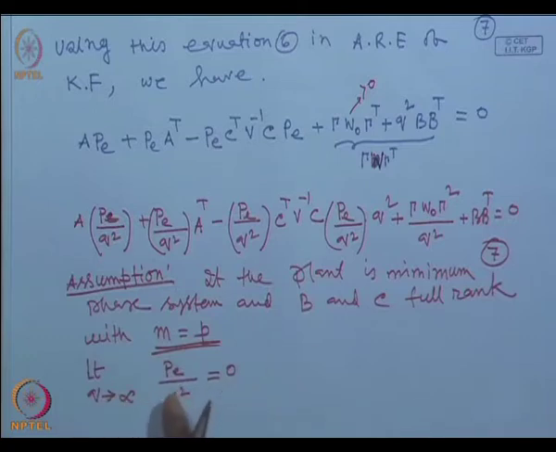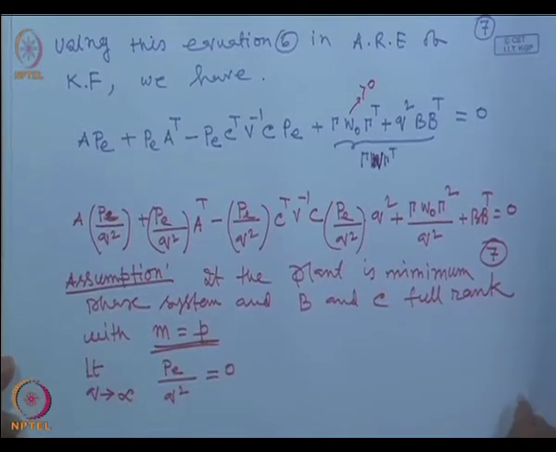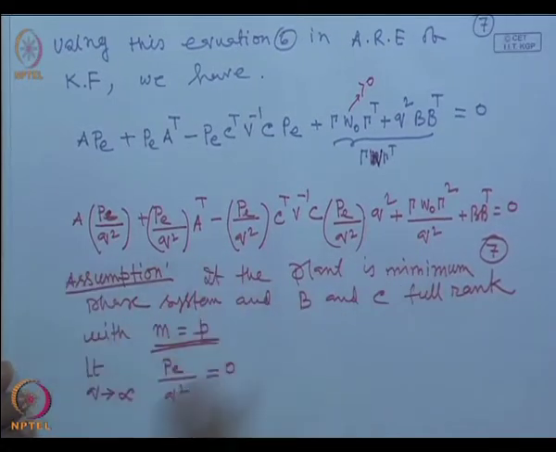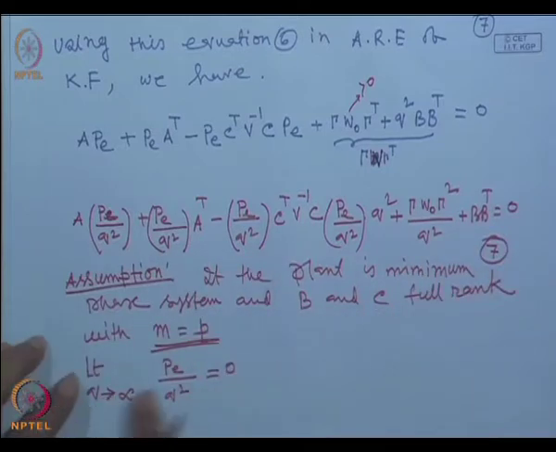That means if we increase q, again the error covariance matrix P E is increasing more slowly than q is increasing. So, this implies that when q is very large, tending to infinity, this will be 0. So, now from equation 7, if you use this expression in equation 7, what is the logic behind this?